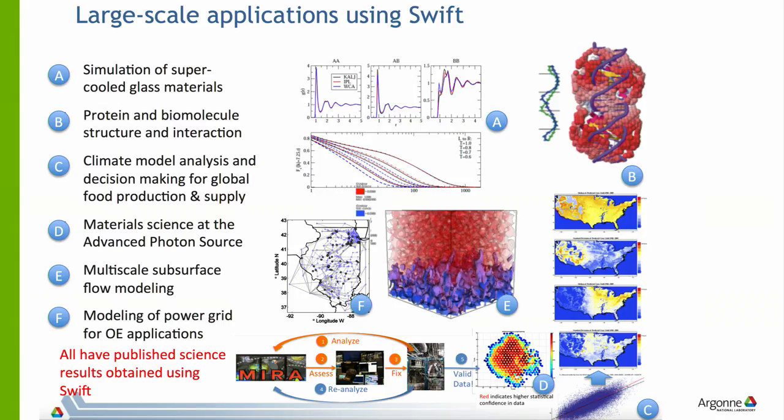So here are just some examples of applications that have applied Swift. I won't run through them individually, but you see that they span a lot of different domains. The key point, at the bottom in red, is that all of them have published science results that they obtained using Swift to manage their workflows.